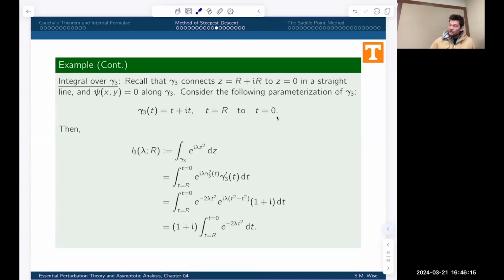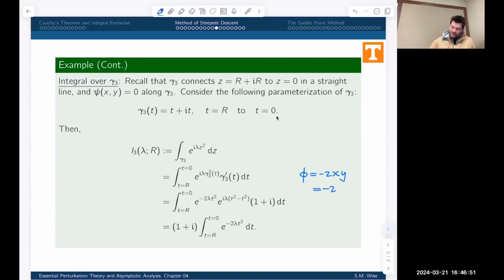Now we're going to break that into the real and imaginary parts. When you do that, the imaginary part we claimed is just going to be phi equals 0. You can see that because you just get t squared minus t squared. So that guy is, in other words, 1. The real part is minus 2 lambda t squared. If you want to go back to the definition, phi was equal to minus 2xy.